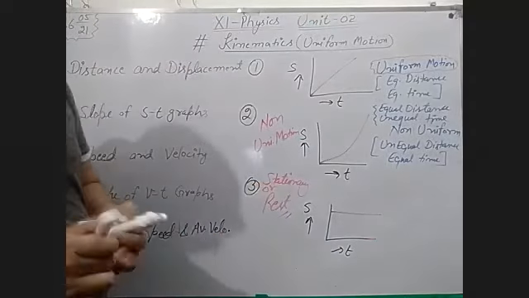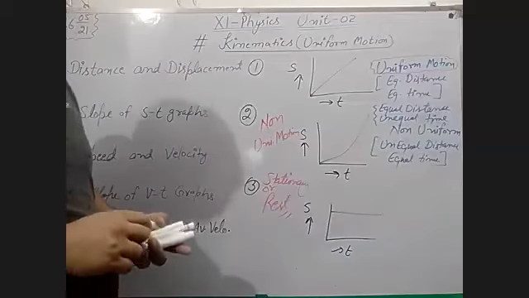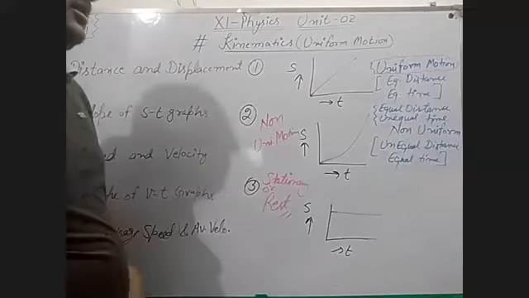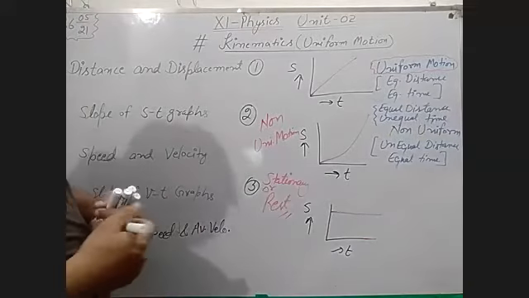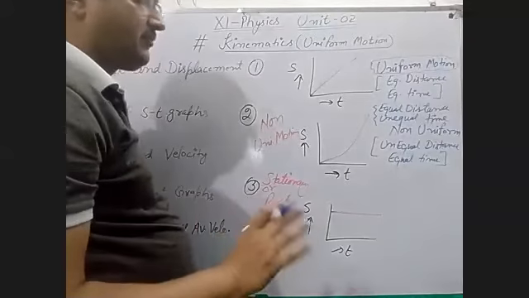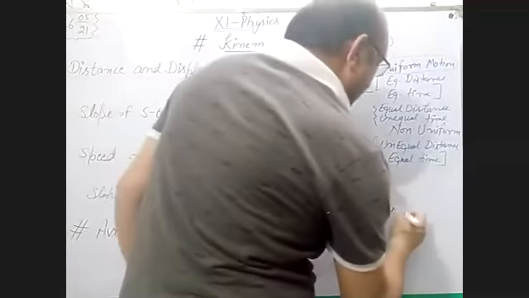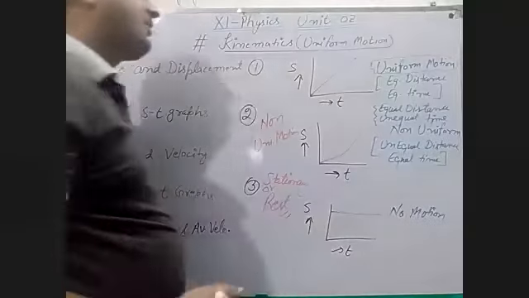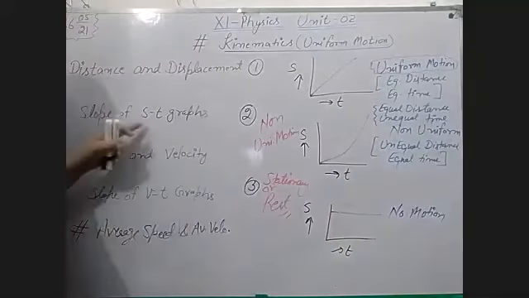No movement is there. The body does not change its position with respect to time or surroundings. So this straight line, this state of rest, means the body has no motion. Now you can take this type of graph for ST.